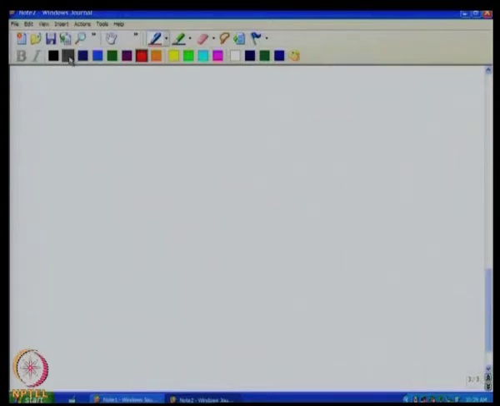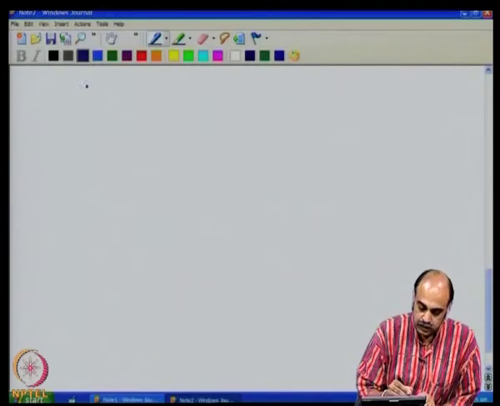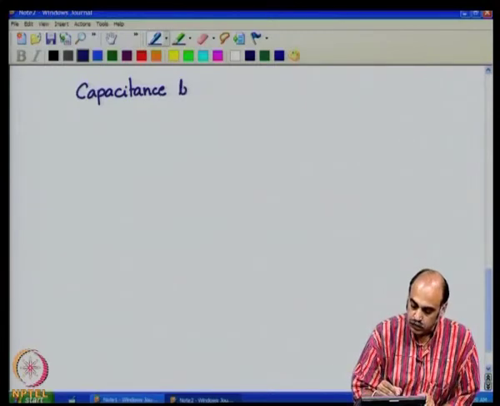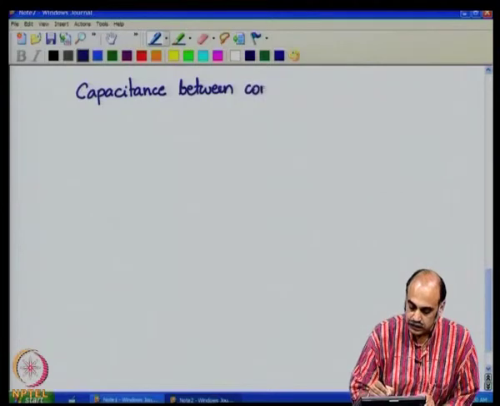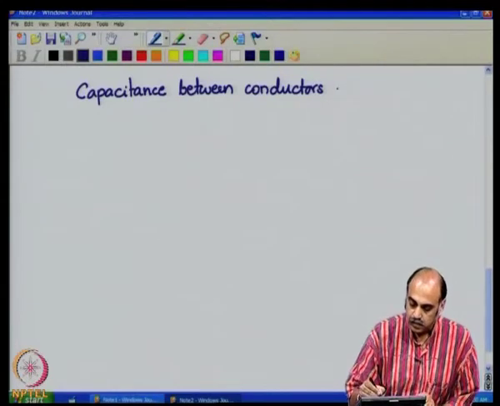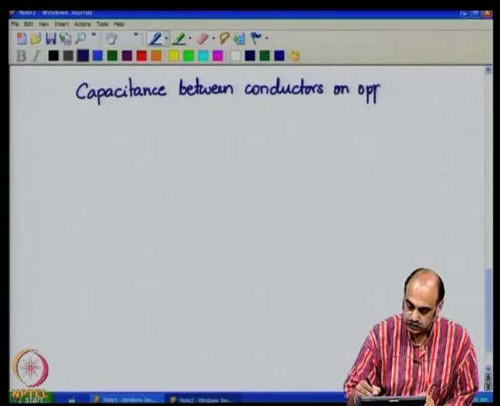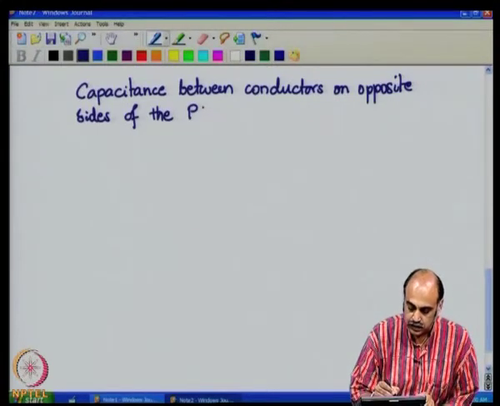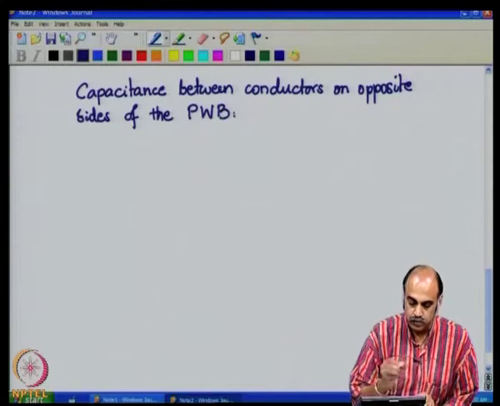First let us do some calculation for capacitance between conductors on opposite sides of the PCB, printed circuit board or printed wiring board.